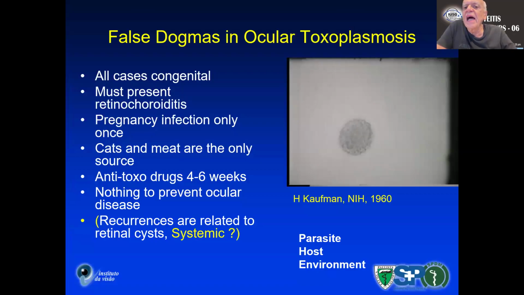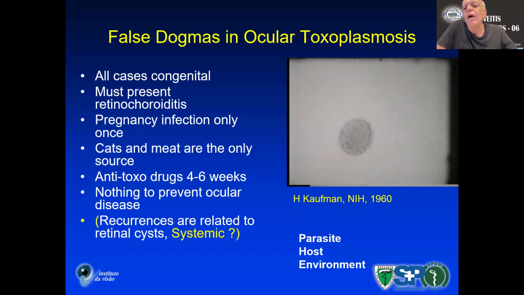The last line of this slide is what I want to call attention to. Yes, we've been talking and relying on the idea that recurrences are related to retinal cysts and toxo present in the retina, but is it possible that some of the recurrences are related to systemic toxoplasmic organisms, or maybe lymphocytes that carry antigens and antigenic material inside the eye?